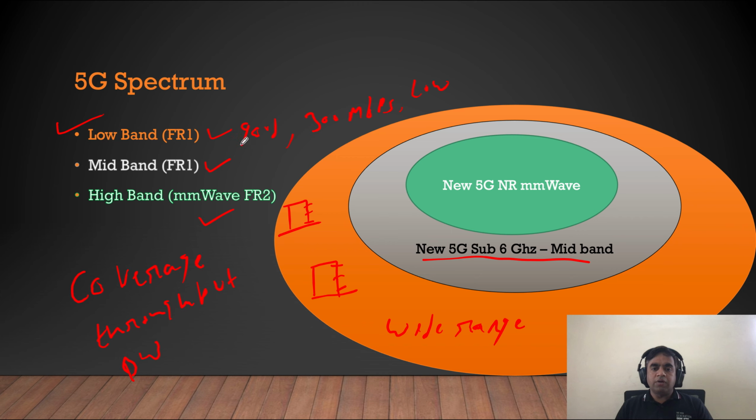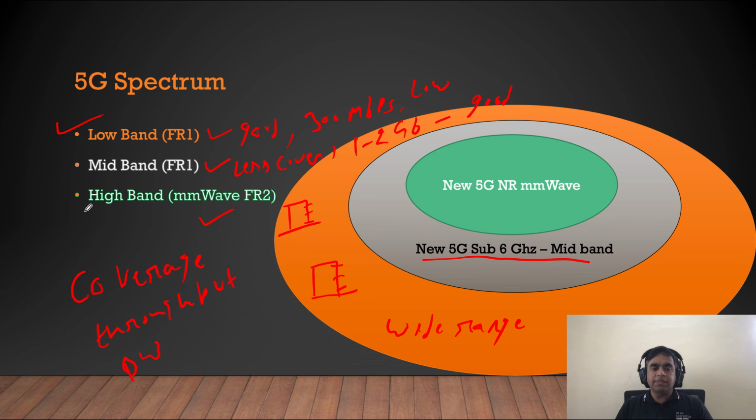So from the area perspective, it has less coverage, but it can support up to 1 to 2 gig of bandwidth. And the throughput is good in this case.